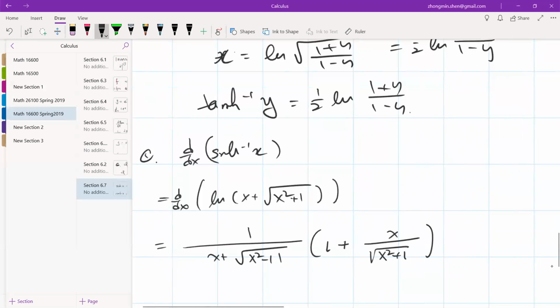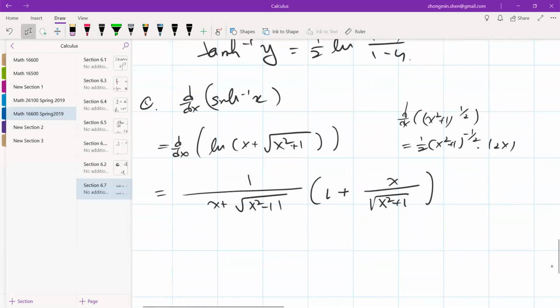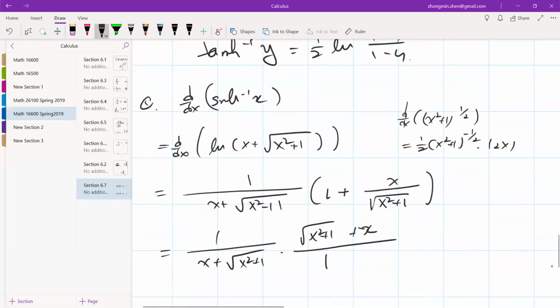The idea is that when you differentiate (x squared plus 1) to the 1/2, you have 1/2 times (x squared plus 1) to the negative 1/2 times 2x. After you simplify, you get that. Are we able to simplify it further? I think so. I find that this cancels out, and you only get 1 over the square root of x squared plus 1.